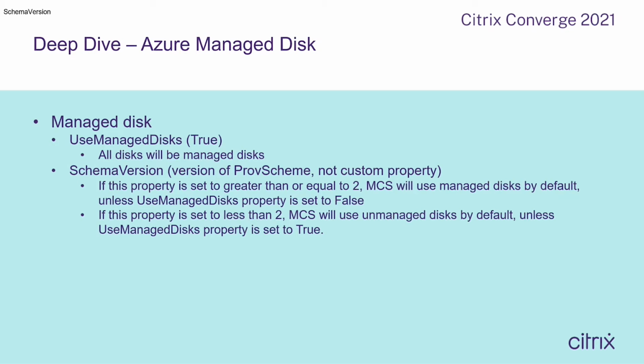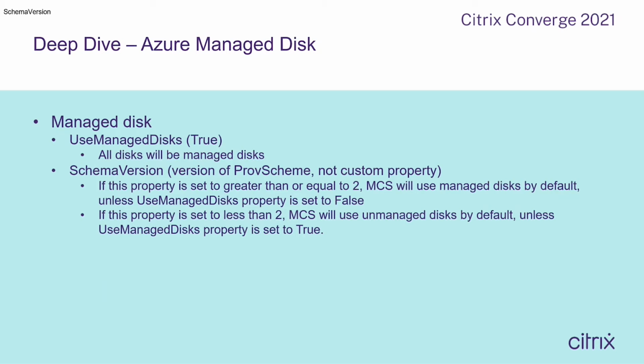And we are changing that, right? We are now changing to use managed disk as the default. So all disks will be created as managed disks. Because of that, we have to change the schema version, so that all new prop schemes created will use a new schema version, which is 2, and the previous one will be 1, right?